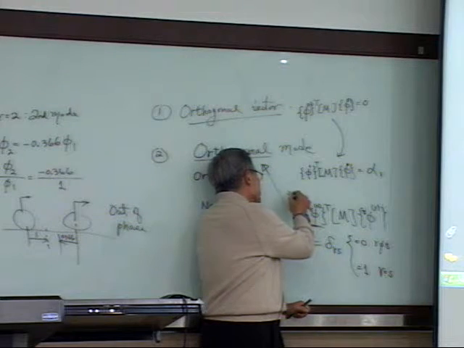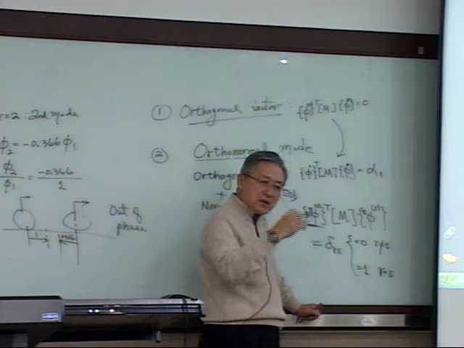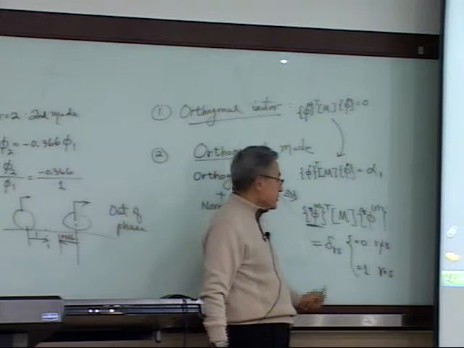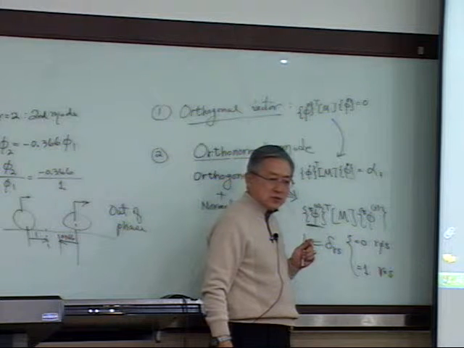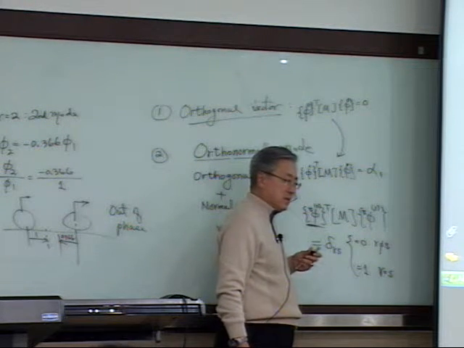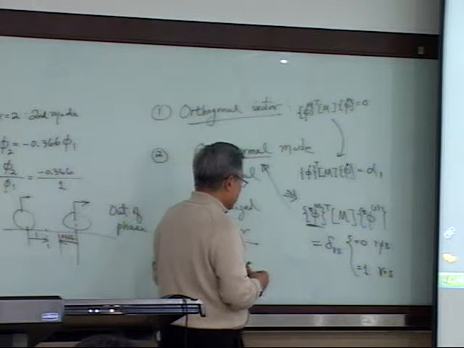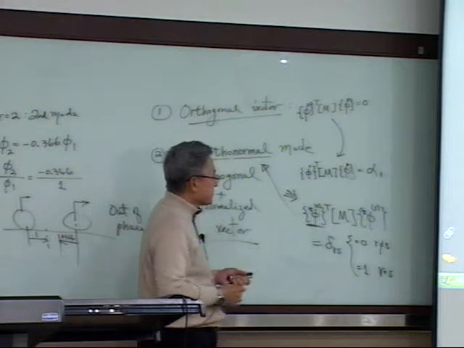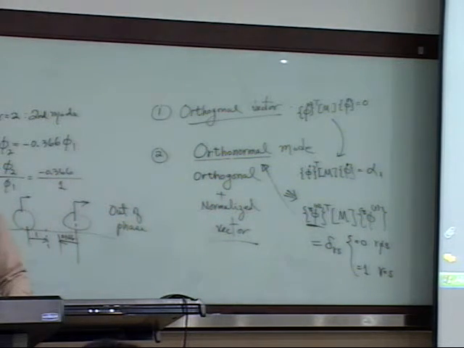So any commercial code, Nastran, ANSYS, Abaqus, when they put out the mode shape, they put out the orthonormal mode shape. So this is very, very nice to simplify the result here. And the same thing I spelled out here.